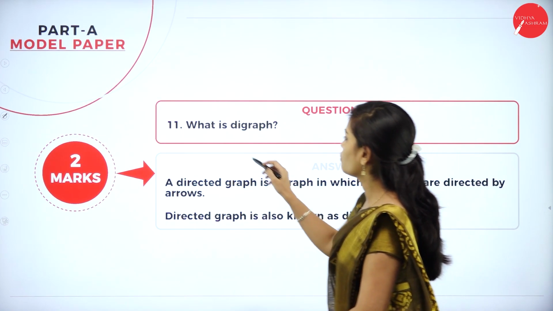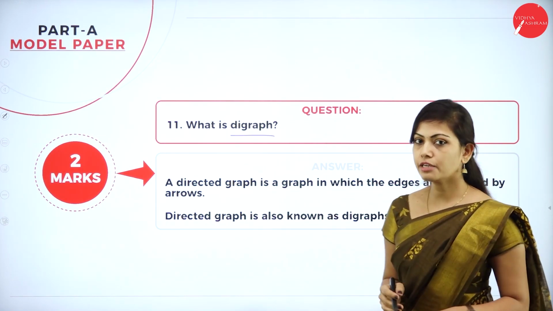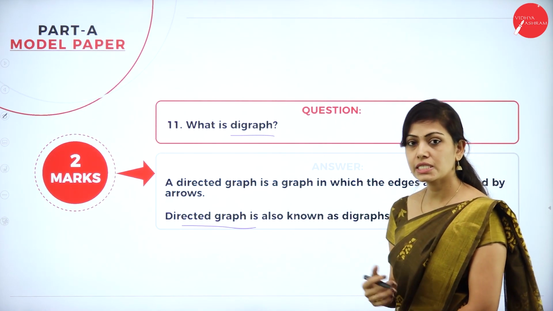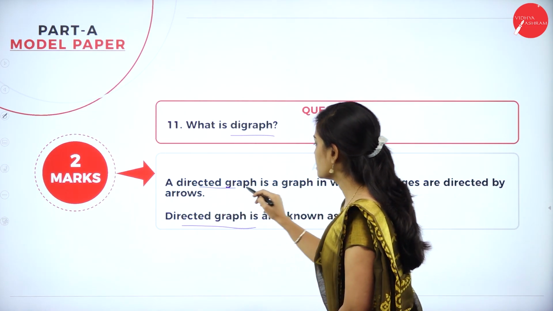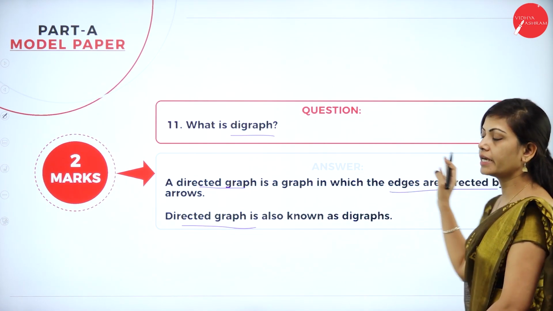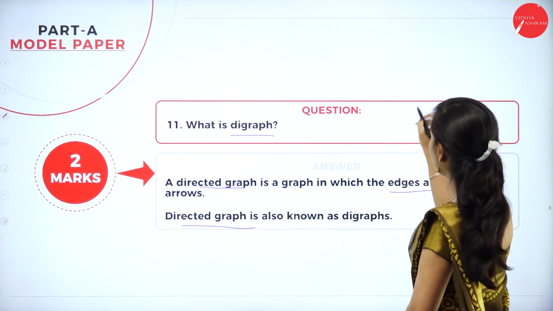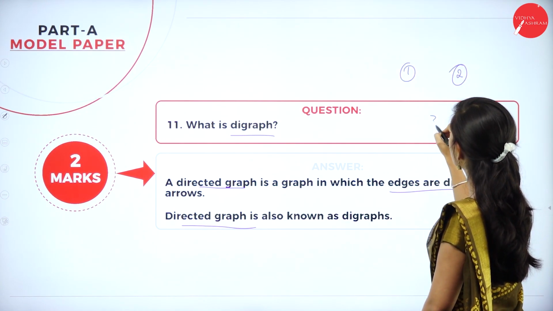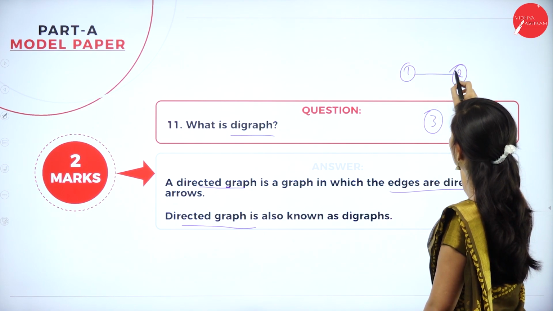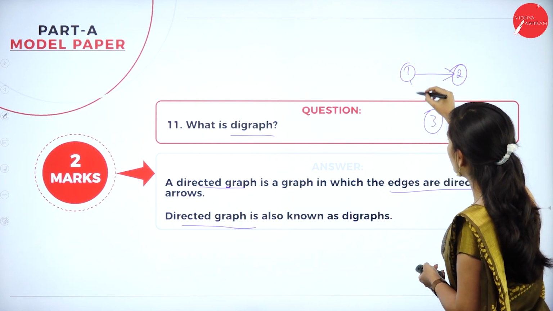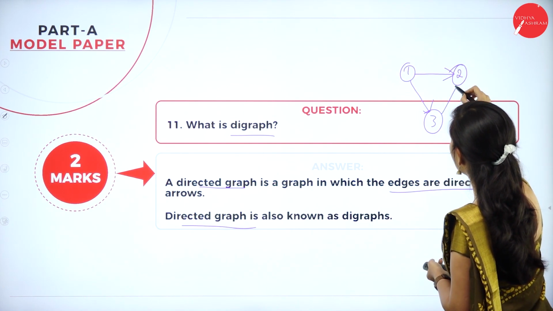Next one is, what is a digraph? Digraph is also called a directed graph. A directed graph is a graph in which the edges are directed by arrows. For example, 1 to 2, 1 to 3 and 3 to 2, with the edges directed by arrows.